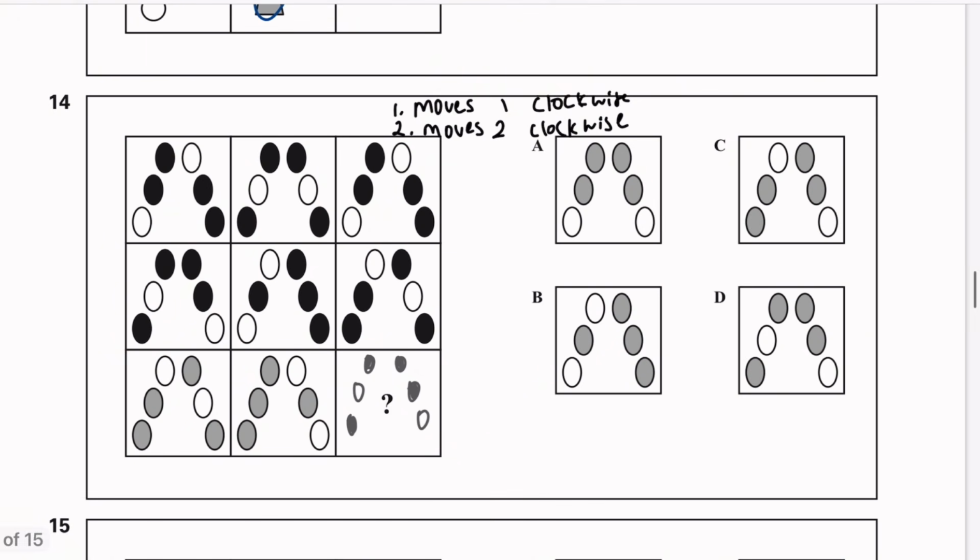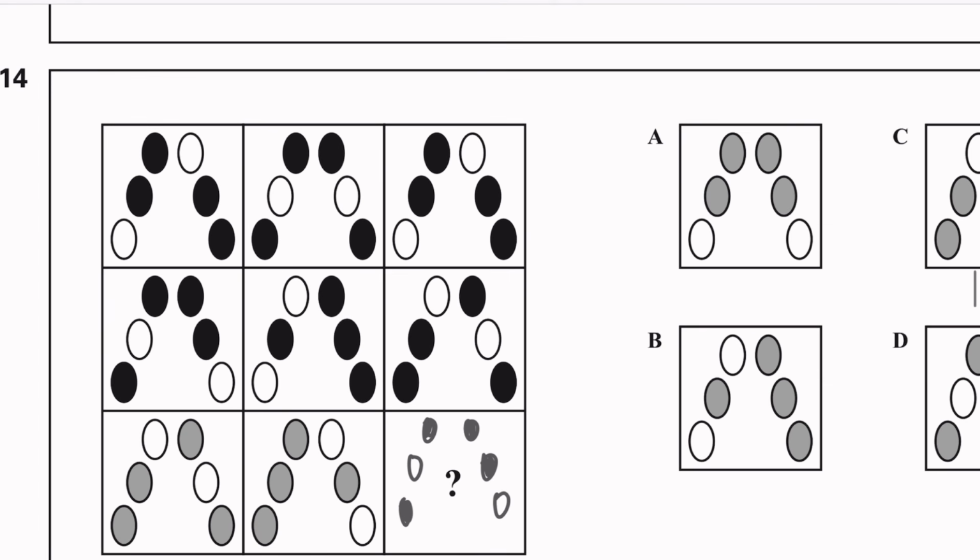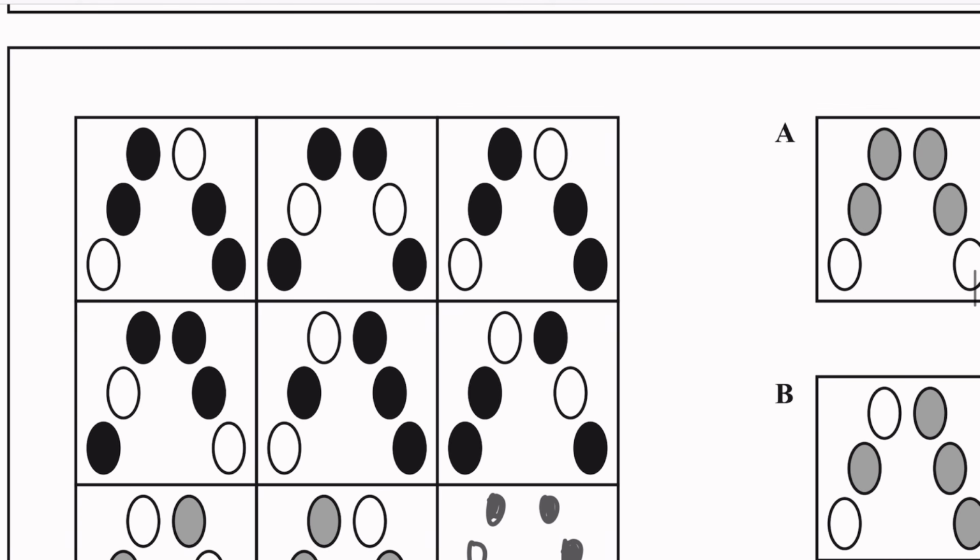Question 14. Question 14 involves movement, similar to our previous questions. Here, we notice that there's two dots, and each one moves one clockwise, ending up in these two positions as shown below. So the first thing we should know is it moves one clockwise.